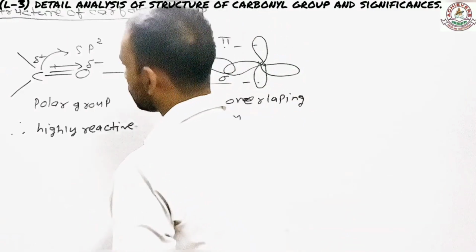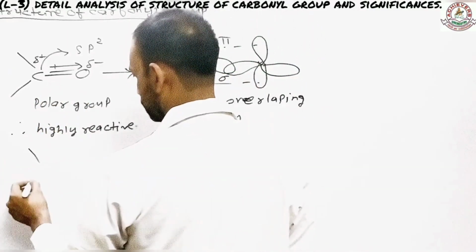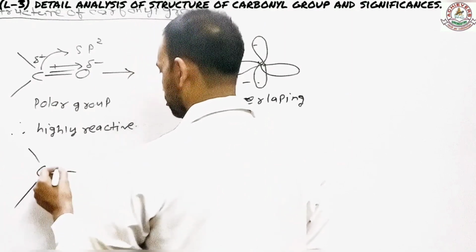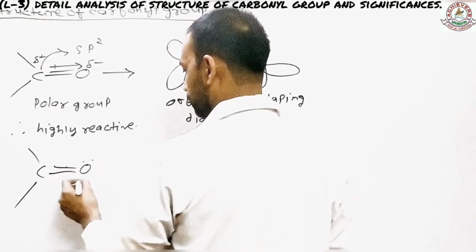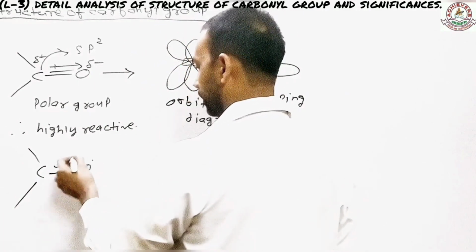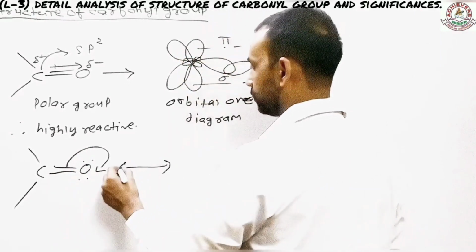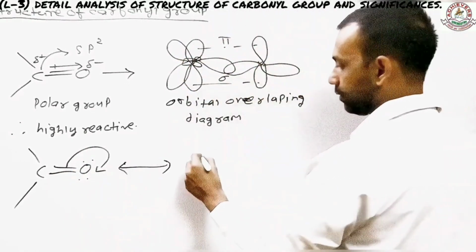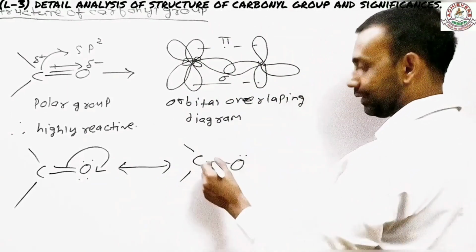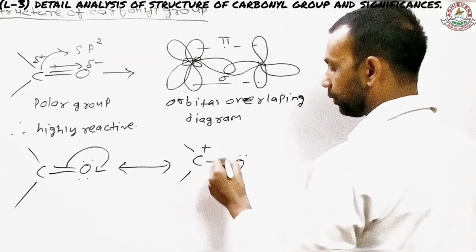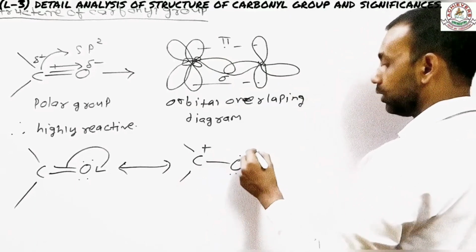Now the question is, what are the resonating structures? Let me show you something. You know that there are already two lone pairs. If you shift this pair of electrons, you get a structure where carbon is losing the electron, so it develops a positive charge, while oxygen has gained a pair of electrons, so it develops a negative charge.